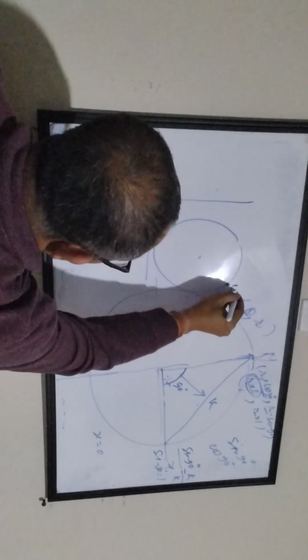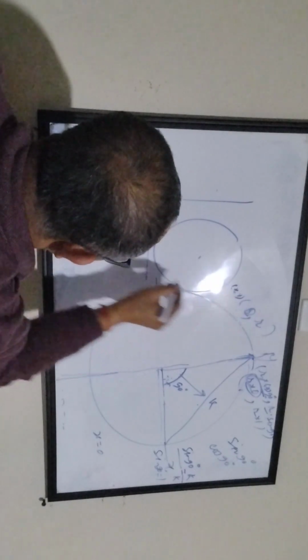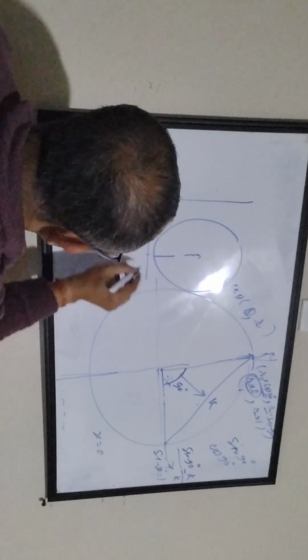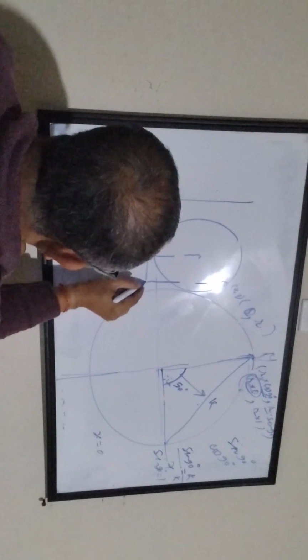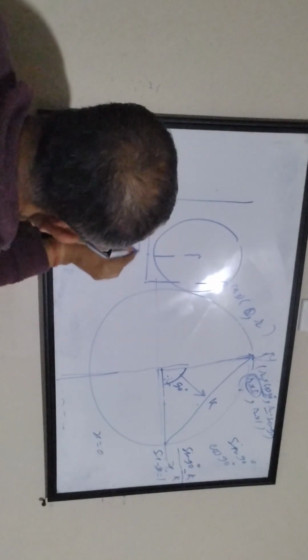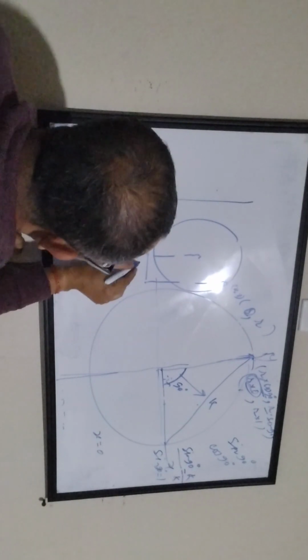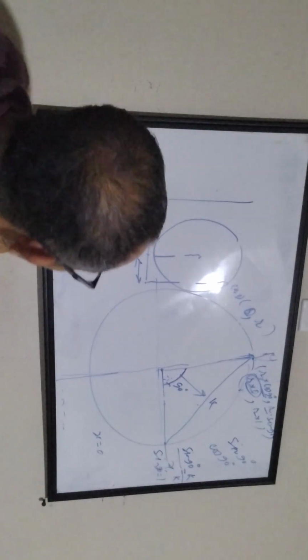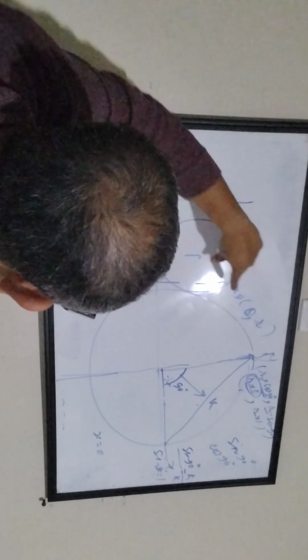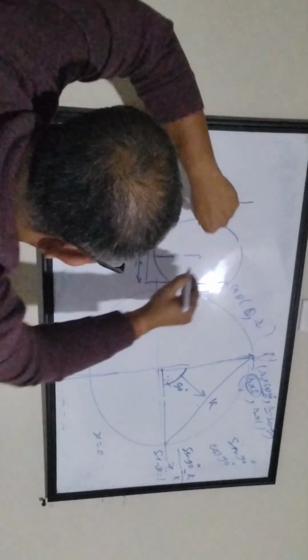Let's say this one is x and y. You always have to visualize it like this. Your x coordinate value will be how far the center is from here plus this length, which will be r times the cos of theta.